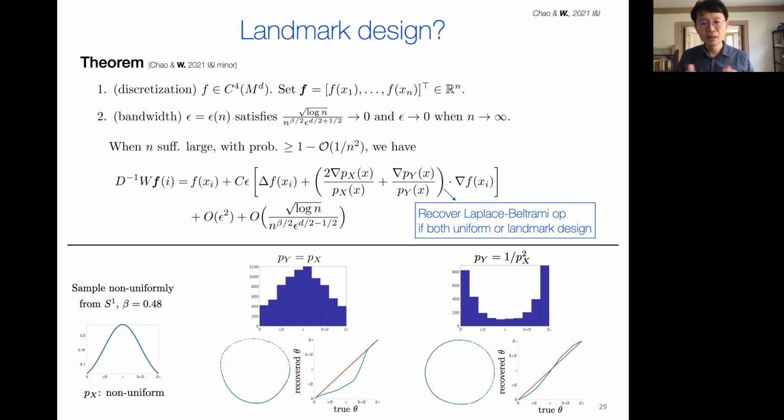For example, if you want to recover Laplace Beltrami operator, then it will be great if you do some density estimation of the original one, and you sample the landmark according to 1 over p(x) squared. Okay, then that will give you the effect of canceling the non-uniform sampling issue of the data set.